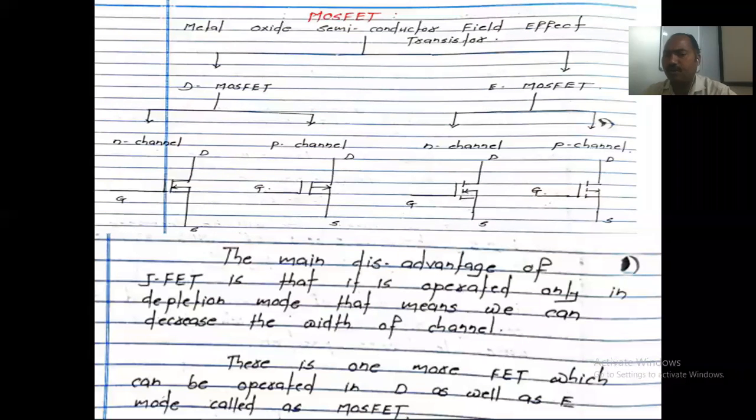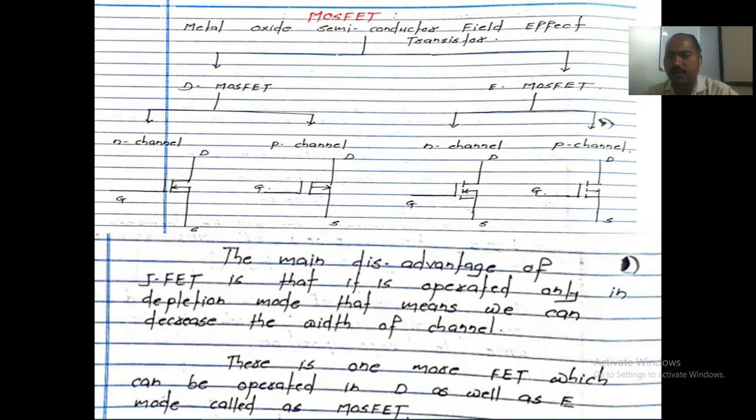Either you are increasing or decreasing the depletion area by changing the reverse bias, and no other function can be done, right? That's why we consider this a disadvantage with respect to the field effect transistor configuration.